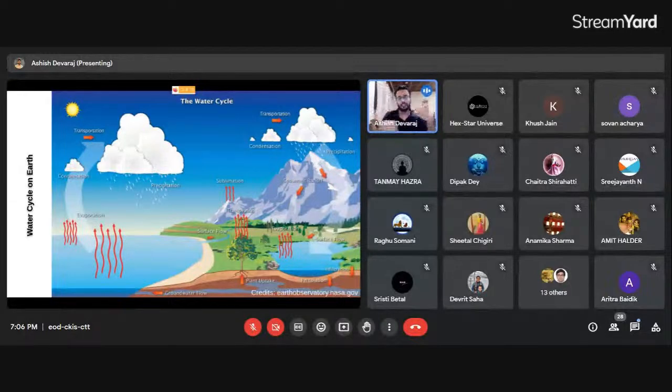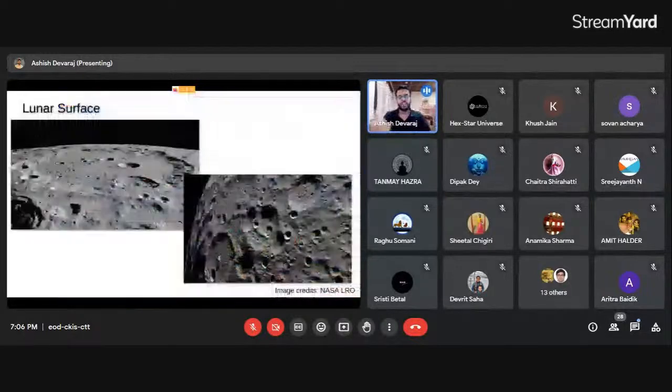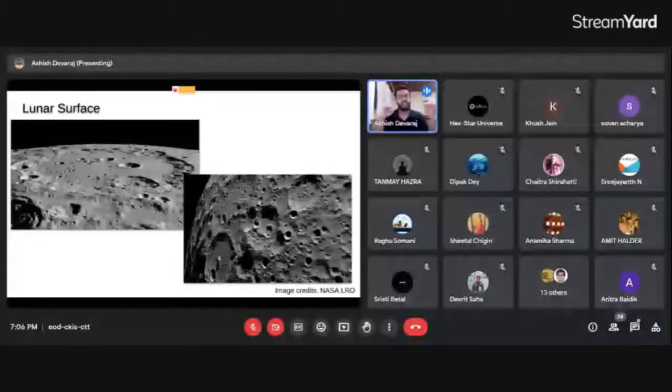This is very familiar. So now when you look at a surface like this, this is the surface of the moon, which is very rugged and so dry, and the temperatures vary from 150 degrees Celsius to minus 171, 200 degrees Celsius.